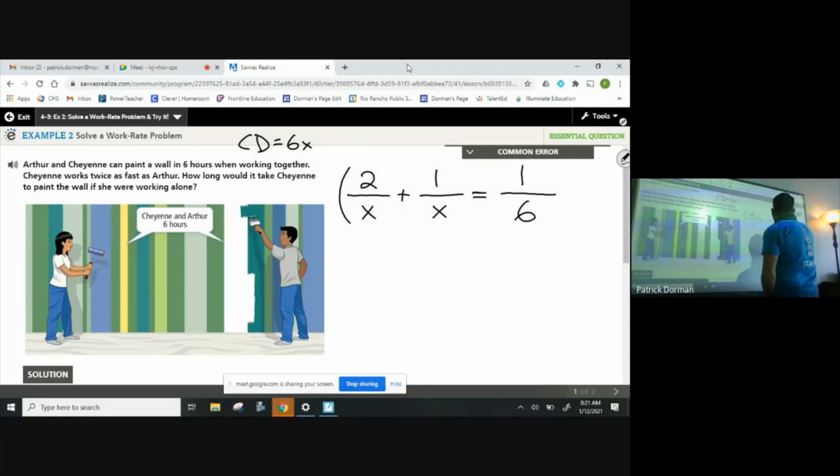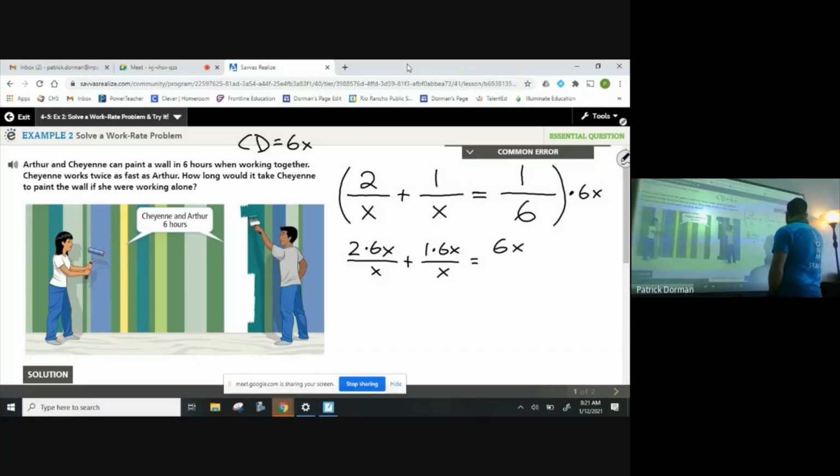I'm going to multiply both sides by 6x. Or everything by 6x. So we'll wind up with 2 times 6x over x plus 1 times 6x over x plus 6x over 6. We'll just simplify this thing and solve.